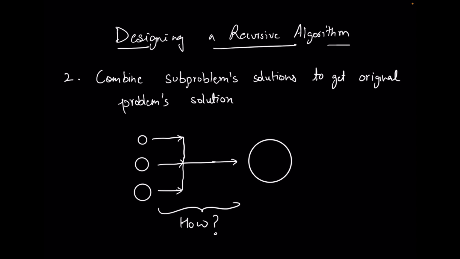Like, what operations should you do with these sub problems' solutions, in what manner should you combine them, join them, add them, subtract them, multiply? What should you do with them so that you combine them in some manner and eventually obtain the solution to your original problem, right? That's the second, and this is a very, very vital part of designing a recursive algorithm.